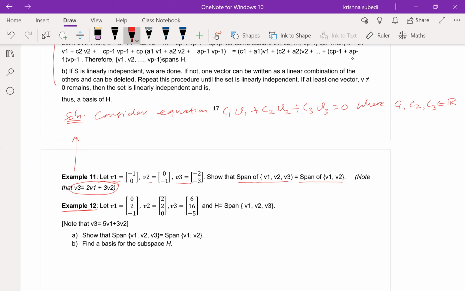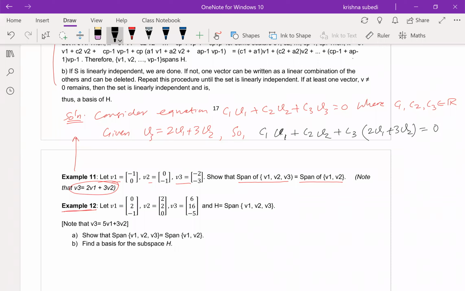Now, given v3 is 2v1 plus 3v2, this is given. So this equation becomes c1 v1 plus c2 v2 plus c3 v3, and we can substitute the value, so c3 times (2v1 plus 3v2) equal to 0.